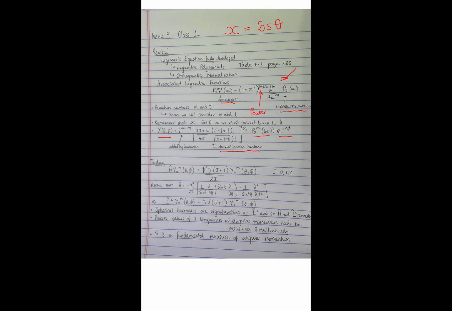You'll recall that the phi function in here did have a 1 over root 2 pi value for the normalization, but that finds its way into the overall normalization constant that's shown in here. And then last of all, in the last lesson, we talked about a simple convention where we have this i term in here at the beginning of the Y function.